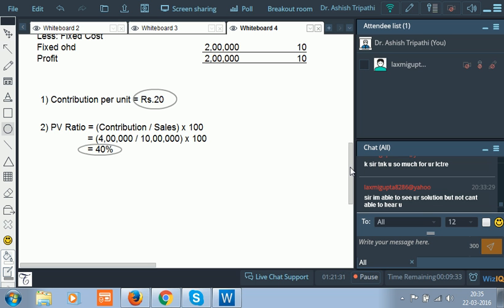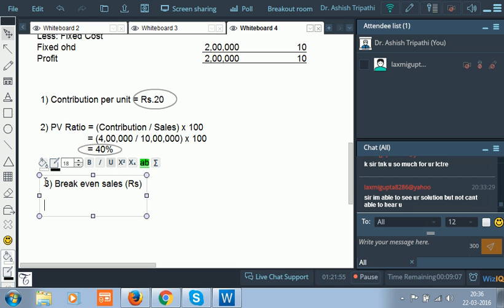Now what is the third thing that we'll have to calculate? The third thing is break-even sales in rupees. So let us calculate break-even sales in rupees. What is the formula for break-even sales?